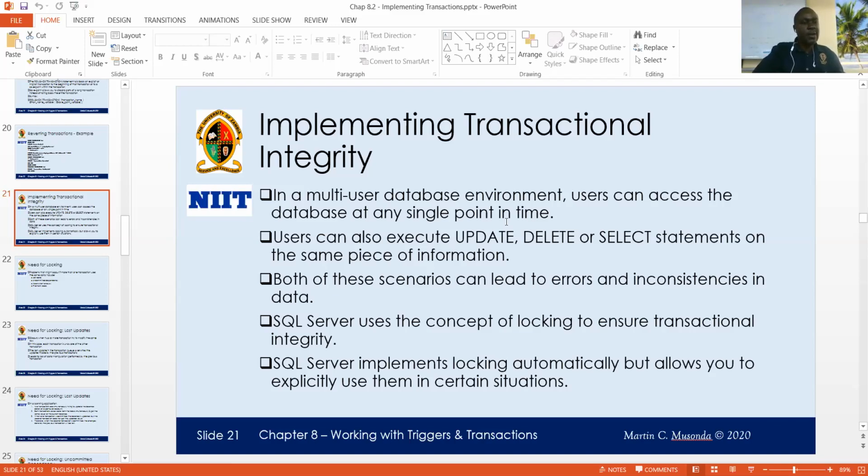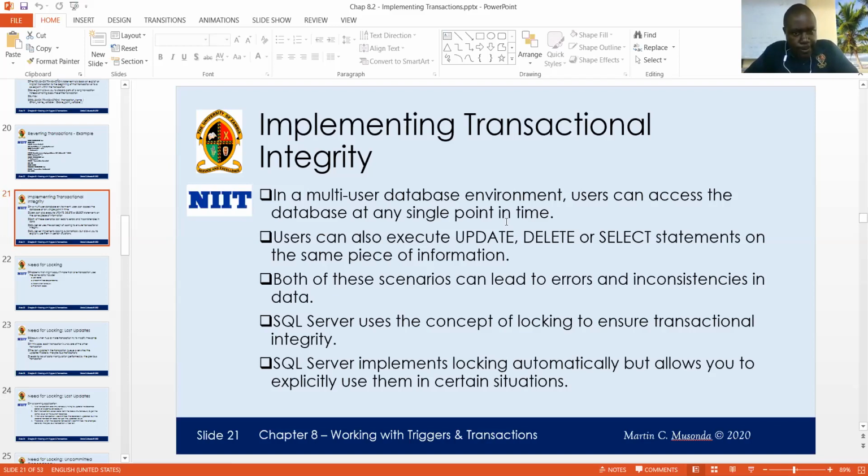Another accountant may be trying to make changes to the same employee, maybe not the salary scale, but some allowance due to that employee. So you find that two users are trying to access the same record at the same time. So what happens? That is what often leads to loss of integrity.